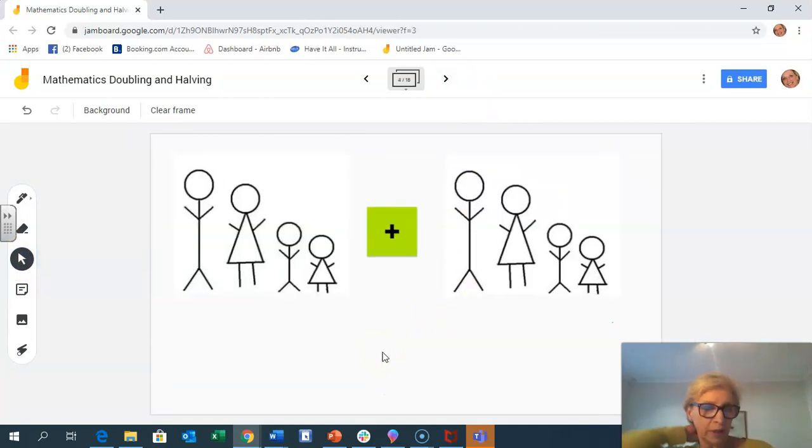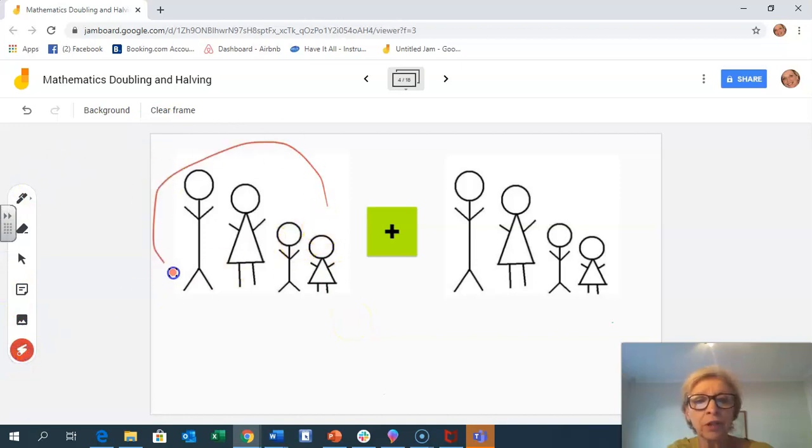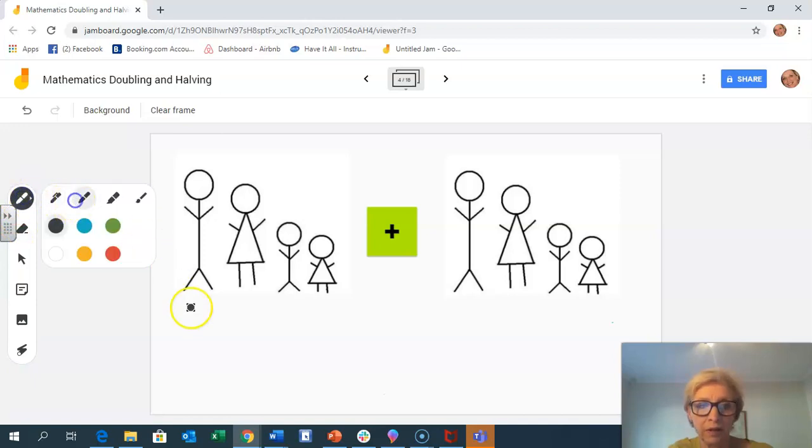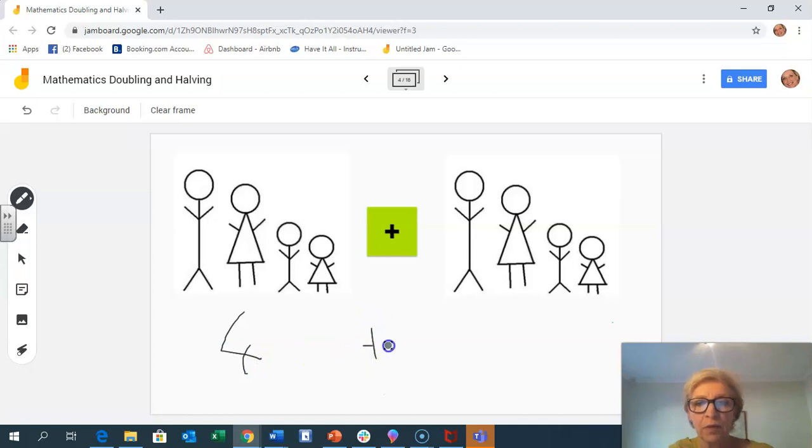Here's an example in picture form of doubling. So we've got 4 people in this little group here, and we have 4 people in this group. So 4 plus 4 equals 8.